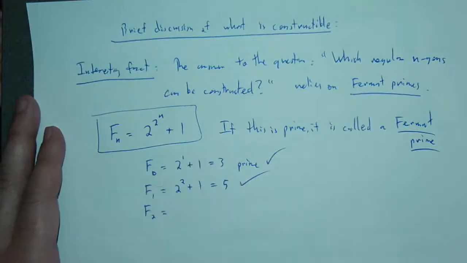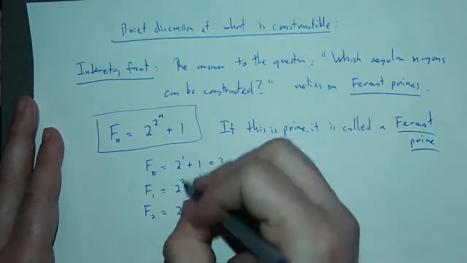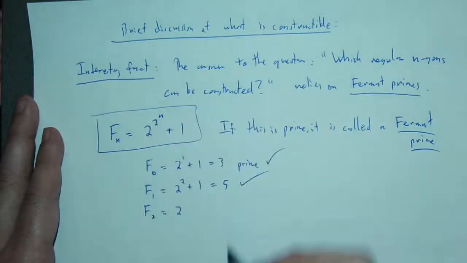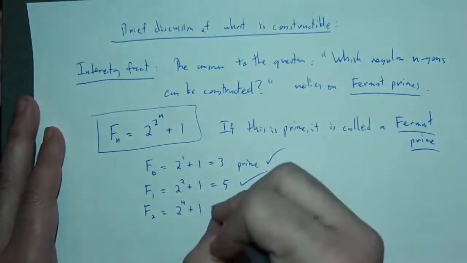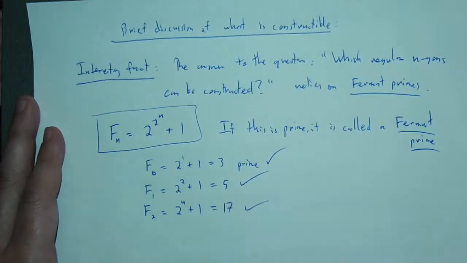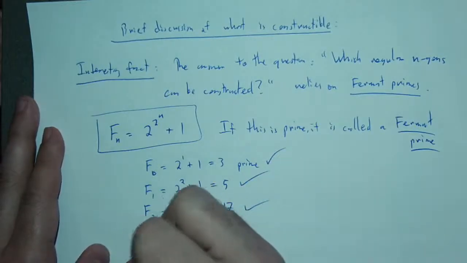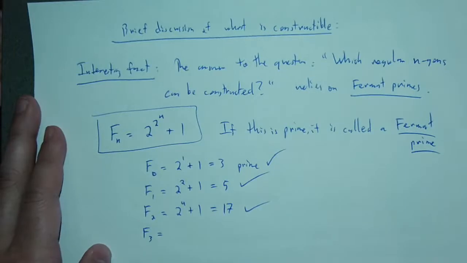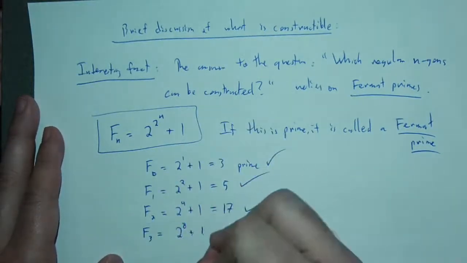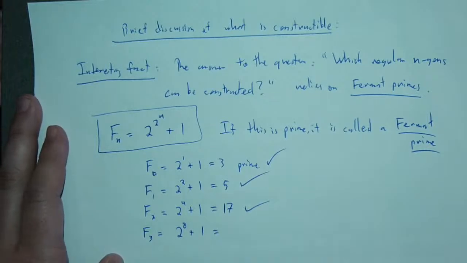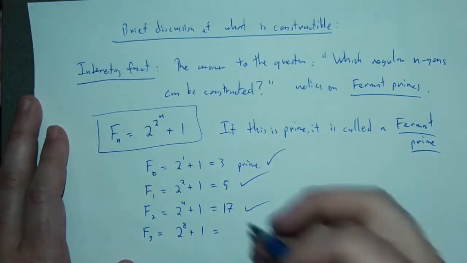F sub 2 here is 2 to the 2 squared, so that's 2 to the 4 plus 1, so that is 17, that's also prime. F sub 3 is 2 to the 8 plus 1, so that is 256 plus 1, so 257.